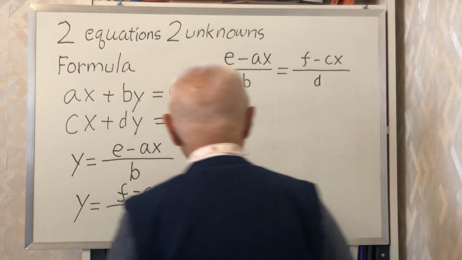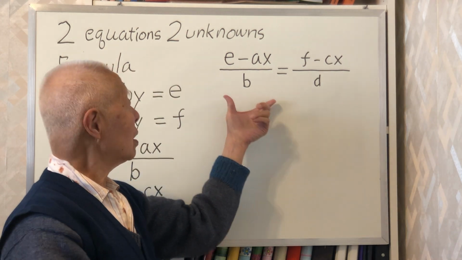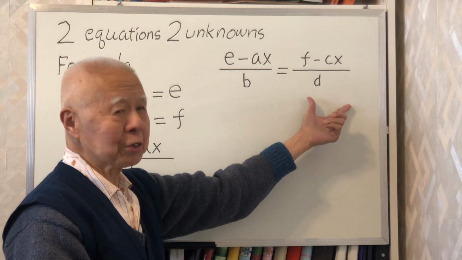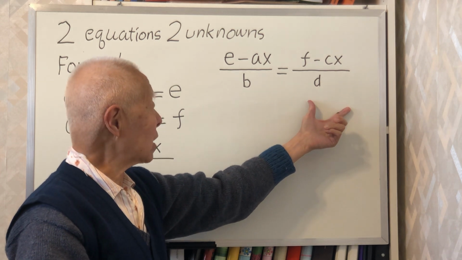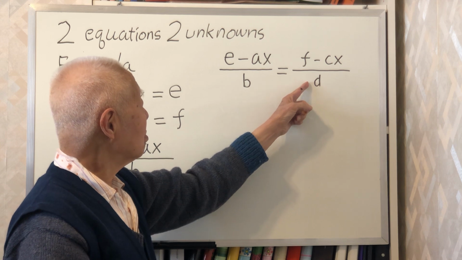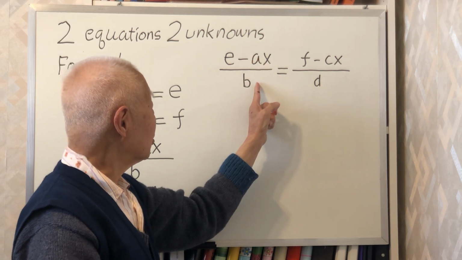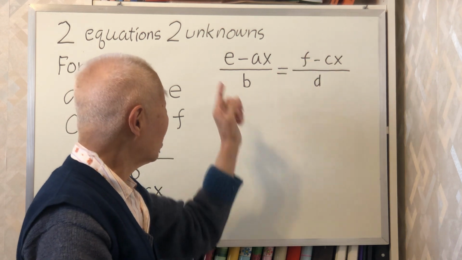So, comparison, this is equal to that. The next step, I can cross multiply. This times that equals this times that. Okay.